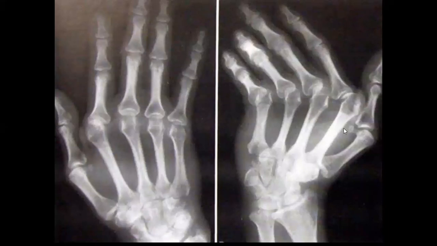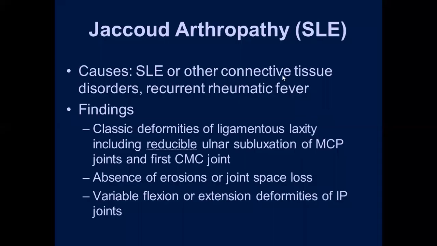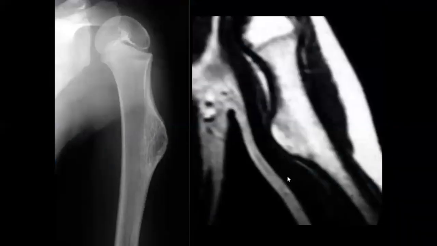It is not so easy, but at least to know, okay? So that's what is called Jaccoud's arthropathy. And it is reducible. I think this one is a bit easy. We mentioned it before also.